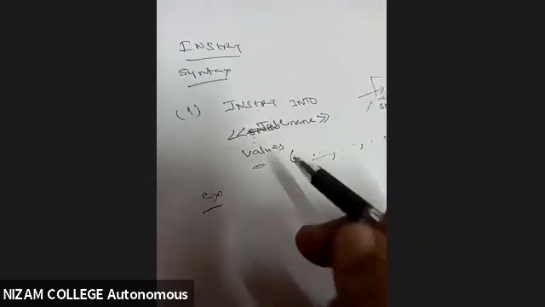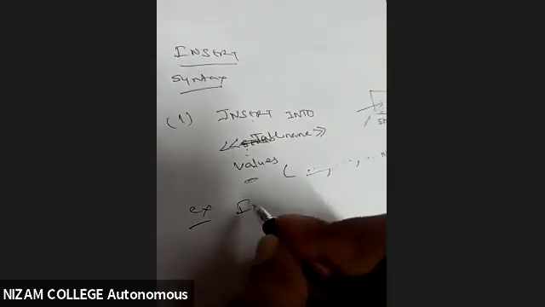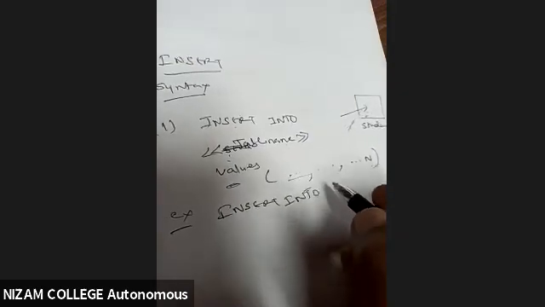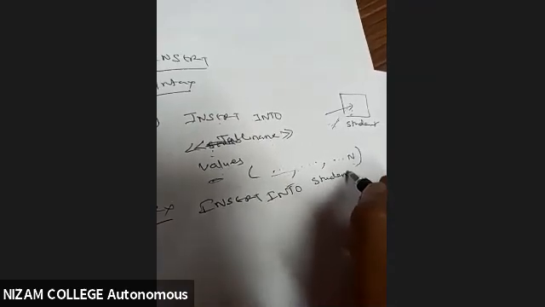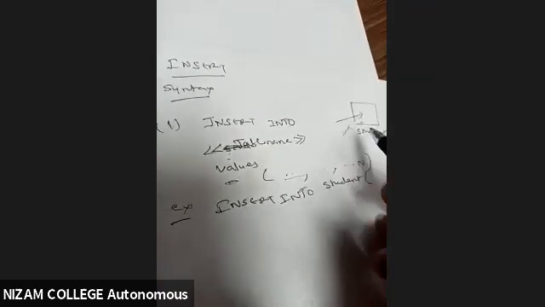Now, what will the example be? The example is something like this: insert into student, open the brackets, close the bracket. Now, what is our structure?